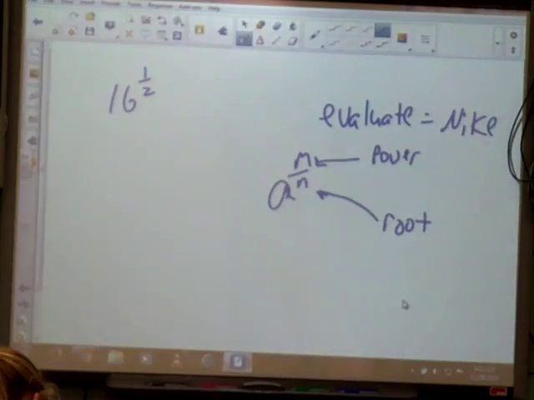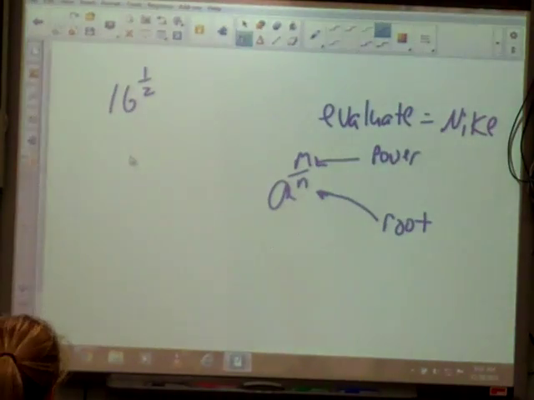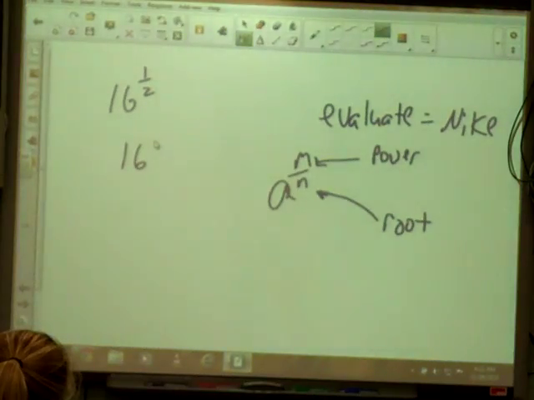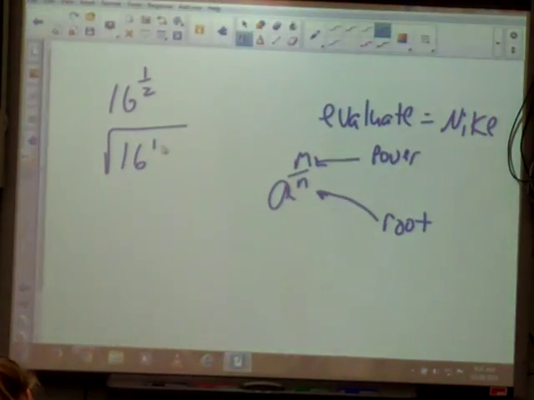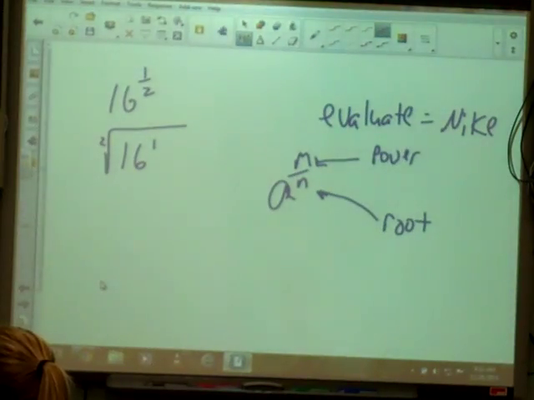So if I'm finding 16 to the 1/2 power, that means I'm finding 16 to the first power and taking the square root of it. Power over root. If no number is written in the root, what root is understood? 2. You can put the 2 there if that's bugging you.